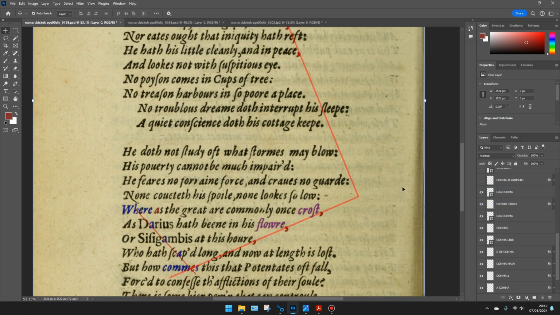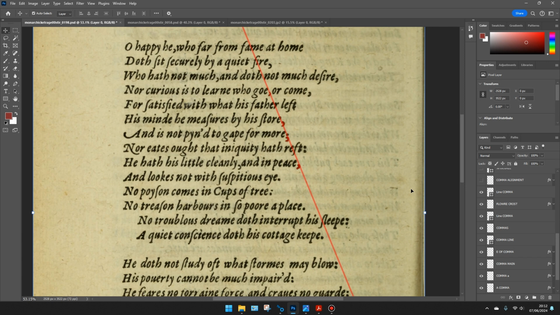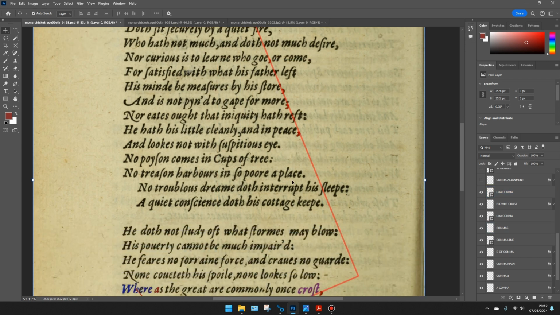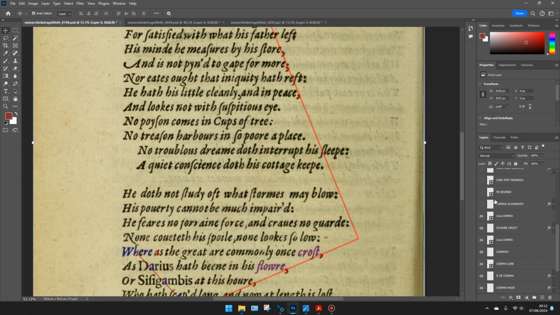Now what we see, if we continue on this chain of thought, is another comma, comma, comma, comma. If I put a line through the commas, 1, 2, 3, 4 commas, what we actually find is we get a 90-degree angle here, a very specific, accurate 90-degree angle between them.